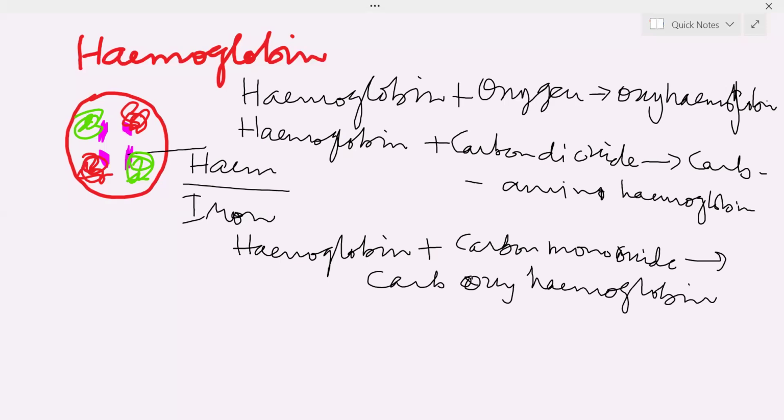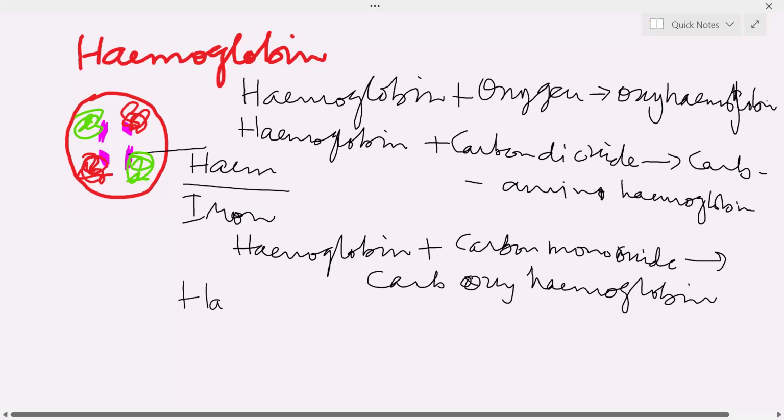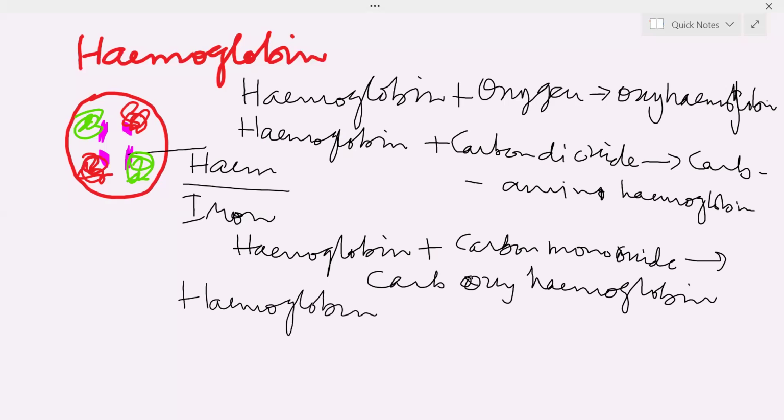And when hemoglobin binds with hydrogen ion, it makes hemoglobinic acid.